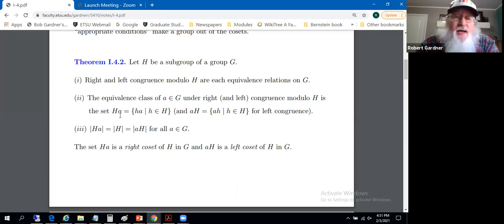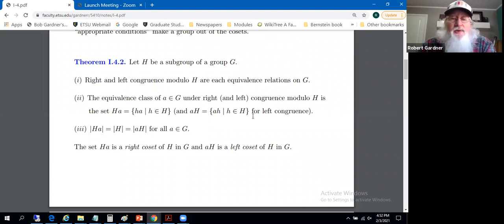We'll denote it as H times A. So we're taking a subgroup and multiplying every element of that group on the right by element A. And by the way, all these group products make sense because we have the big umbrella group G and everything's happening inside group G. And so the symbol capital HA represents the product of all elements, lowercase h, of subgroup H when multiplied on the right by A. If we wanted the left congruence class, then we denote that as A capital H, move the A to the other side, and we take all products of the form A lowercase h, where lowercase h ranges over the subgroup capital H.